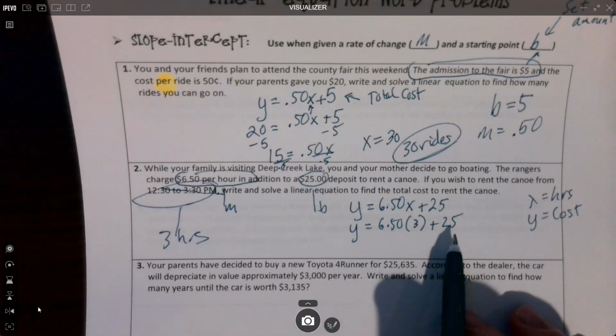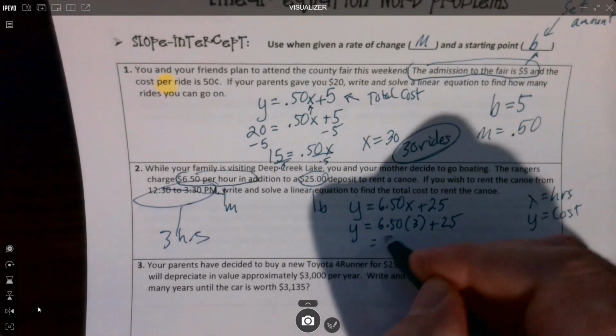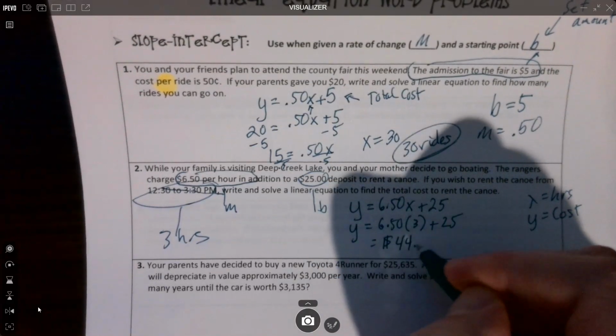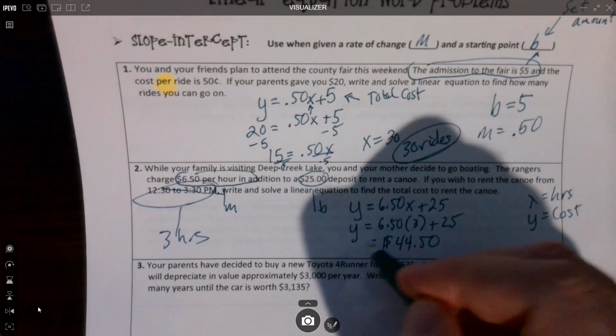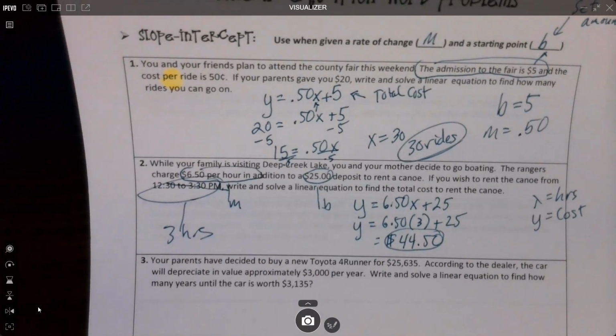It's $19.50 plus 25 is $44.50. So that's how much it's going to cost for you and your mother to rent this canoe for just 3 hours, $44.50.